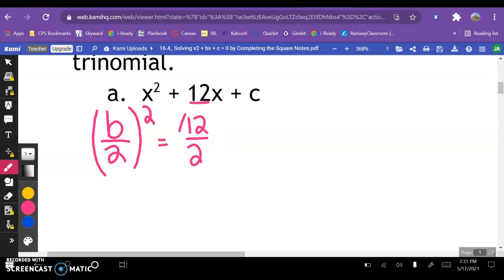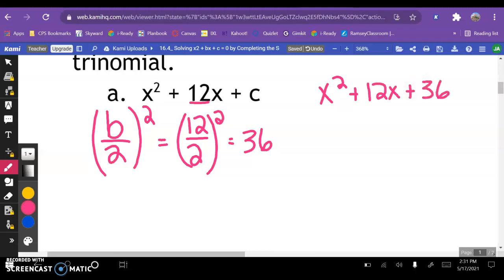So 12 divided by 2 is 6, and then I have to square that. 6 squared is 36. So then I have to add 36 in there for that c. So I have x squared plus 12x plus 36.